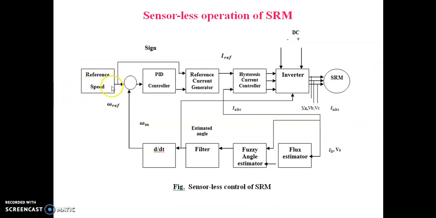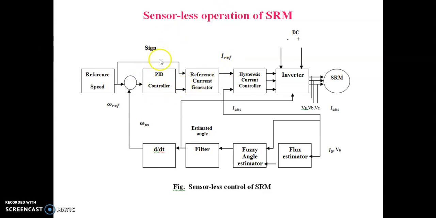Now we give the reference speed as input to the speed comparator unit, and the motor speed is measured and given as another input, which is omega m. The speed error signal is given to the PID controller, whose function is to reduce the speed error and also reduce the rate of change of error.